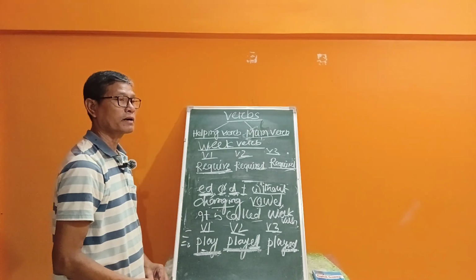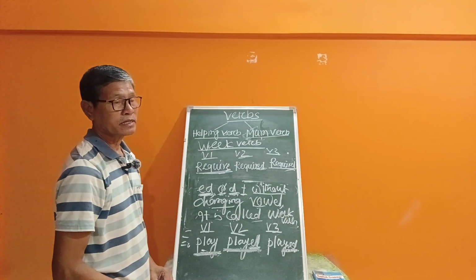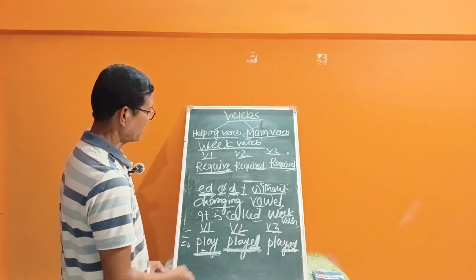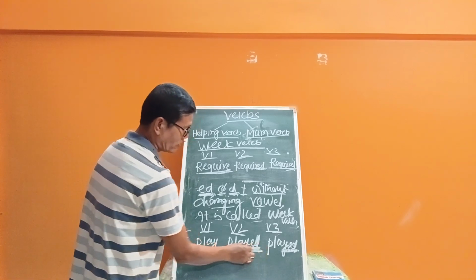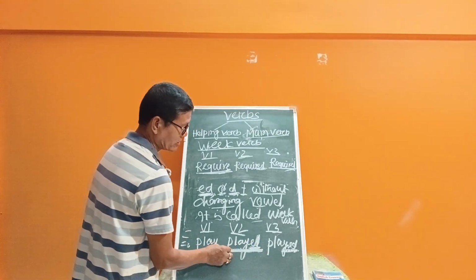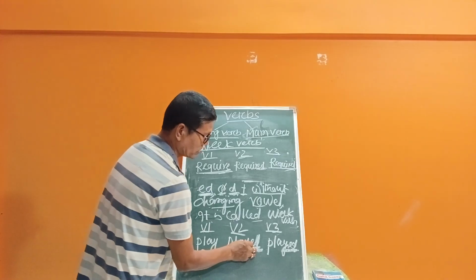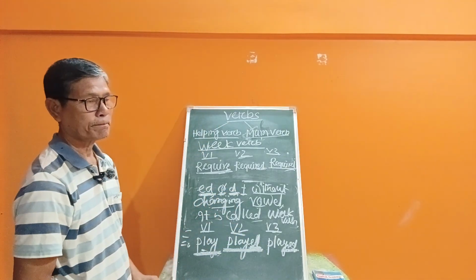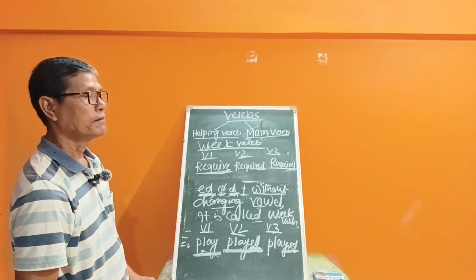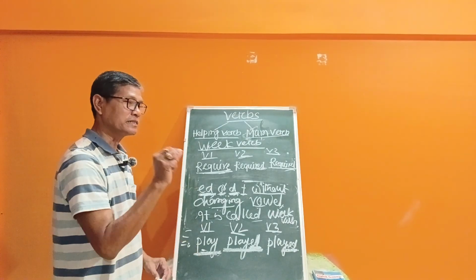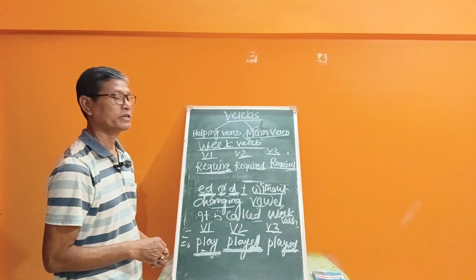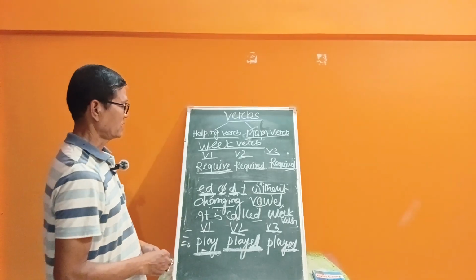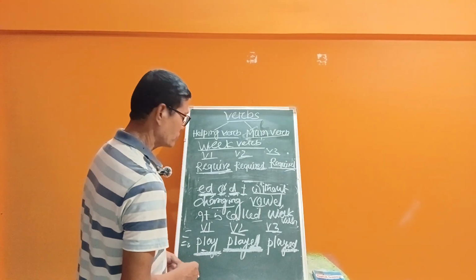And strong verb is not suffixed. Strong verb is made by changing the vowel in the body of the word, but weak verb does not change the vowel. It only adds ed or d or t. Such type of verb is called weak verb.